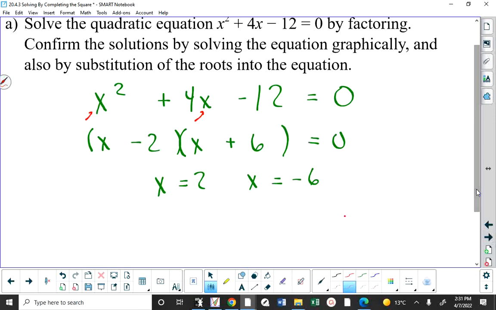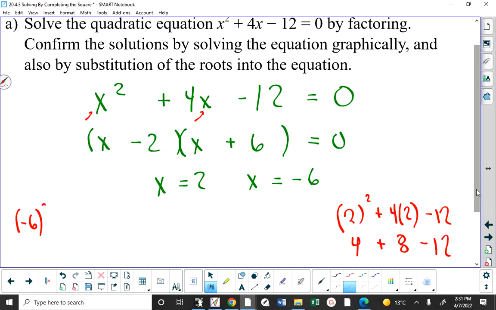Well, 2 squared plus 4 times 2 minus 12. That's 4 plus 8 minus 12. That's 0. Works. If I put in for x negative 6, I would have negative 6 squared plus 4 times negative 6 minus 12. That's 36 minus 24 minus 12. Yep, that works.